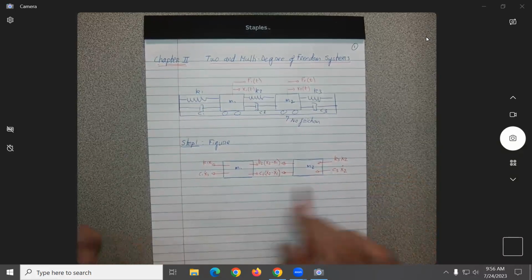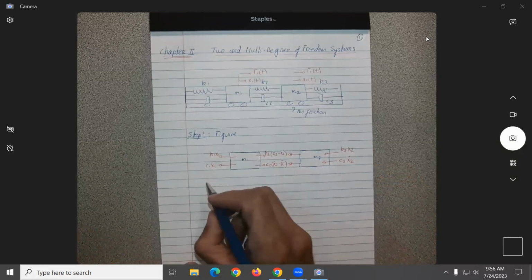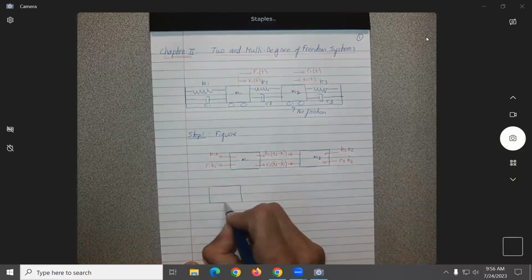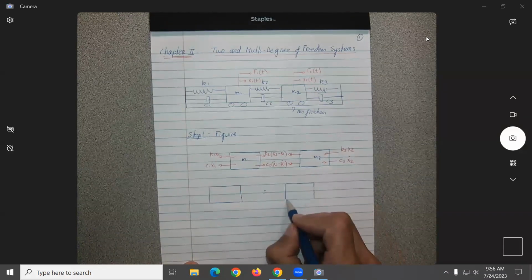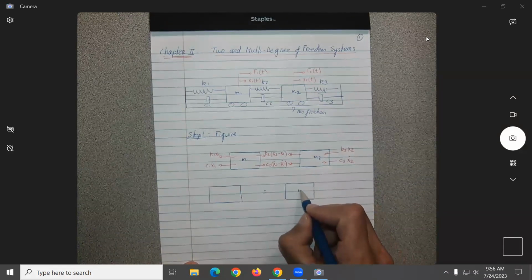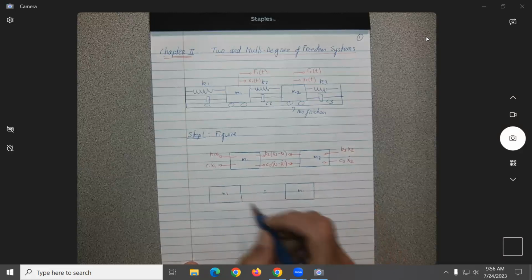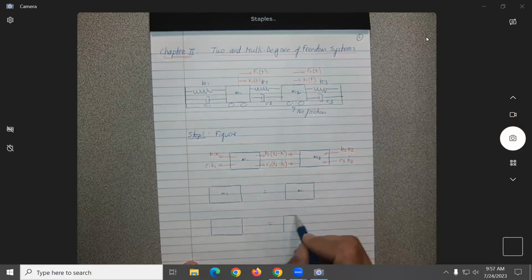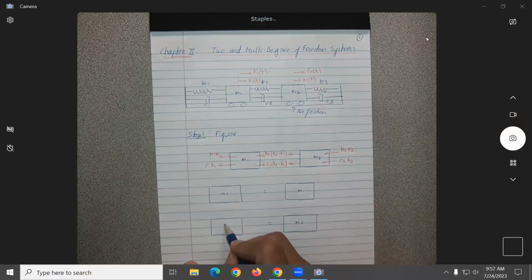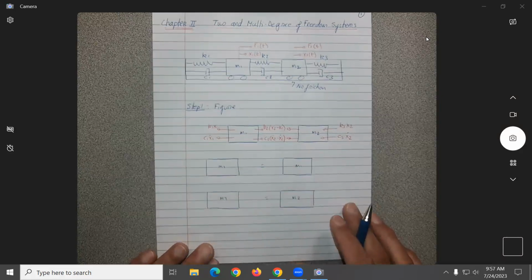So I'm just doing this one for this figure, but really the figures that we need will be which one? The ones we have been doing for the other ones. We need one figure for each mass, okay?